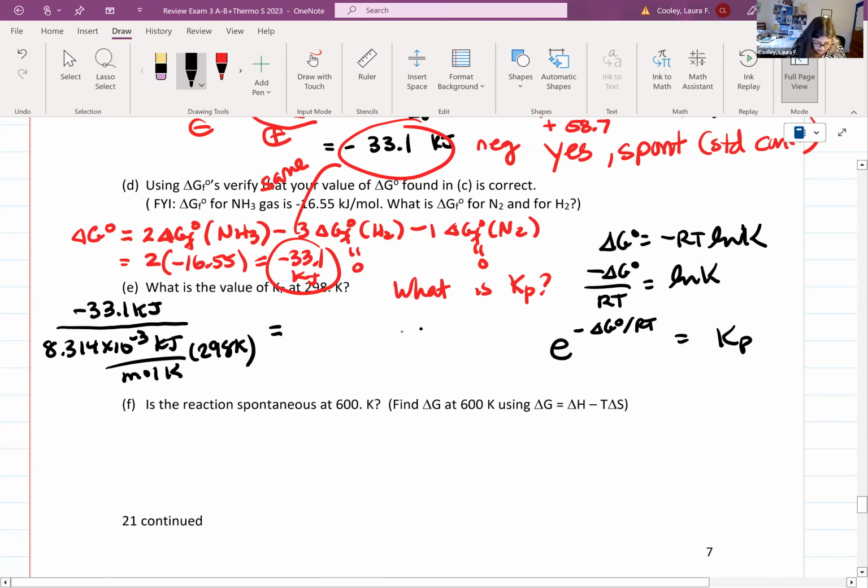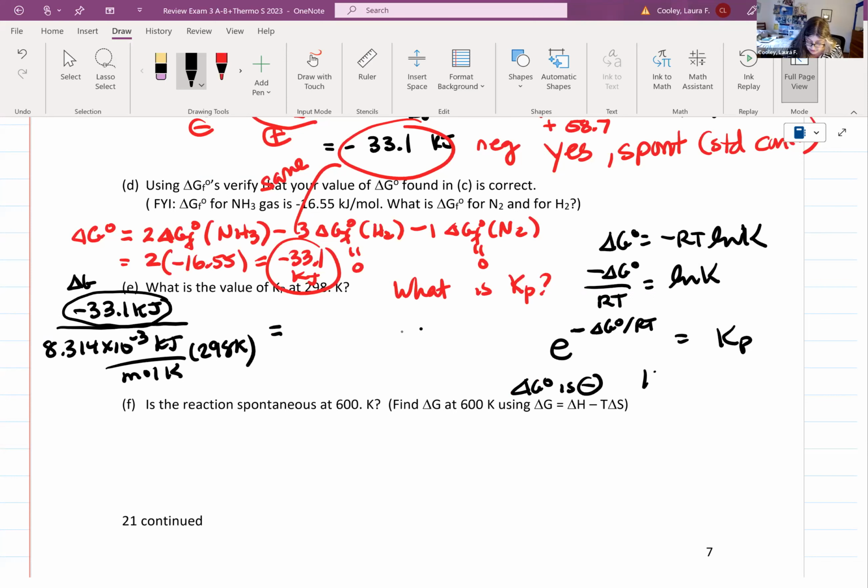So this is the exponent. Actually, it's the negative of the exponent because this is the delta G, and I need minus delta G in the exponent. So be very careful about this. But you know the delta G is negative, so you know that the Kp has to be greater than 1. So if you get a Kp that's less than 1, you probably made a mistake with the sign of the exponent.